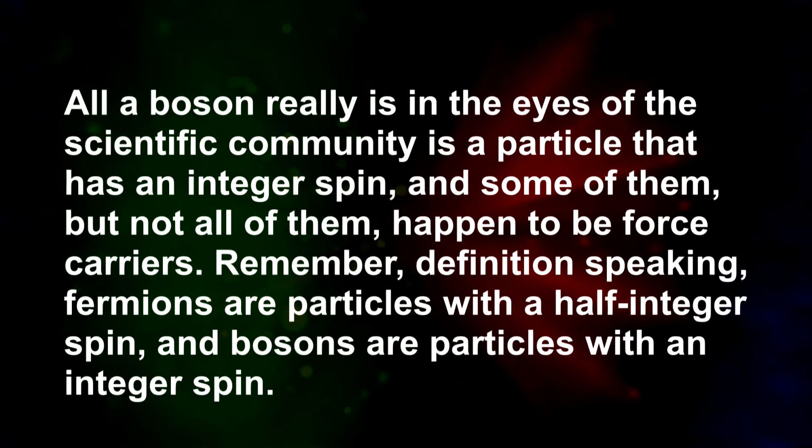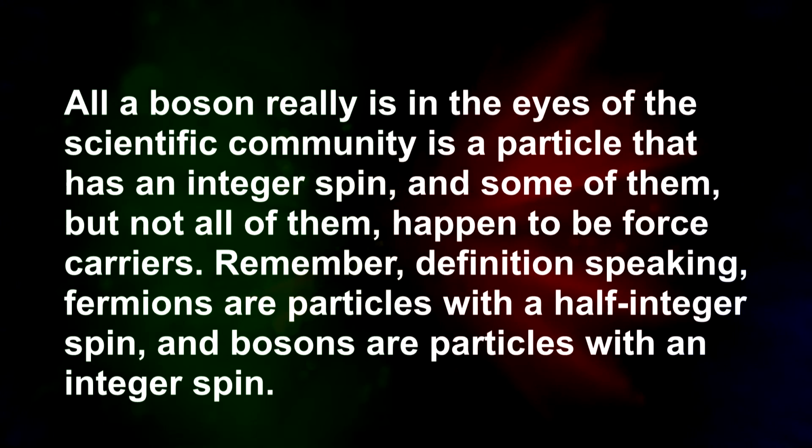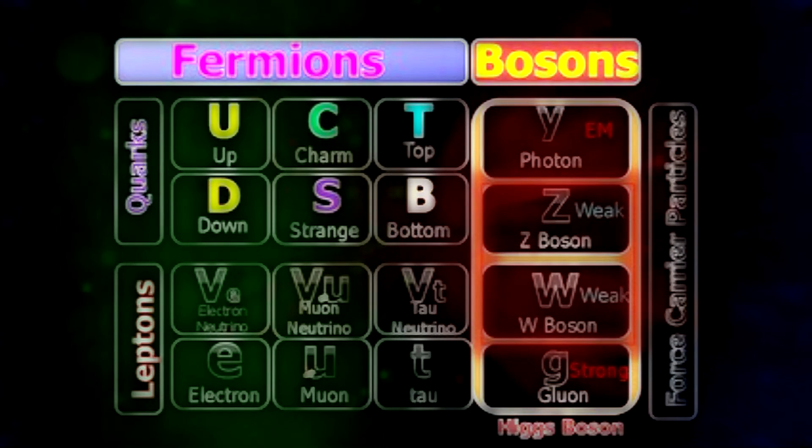Remember, definition speaking, fermions are particles with a half-integer spin, and bosons are particles with an integer spin. Although it is usually true that fermions tend to make up matter and bosons tend to be force carriers, they don't always have to have those characteristics, especially with bosons, and that is the most important thing to understand from this video.